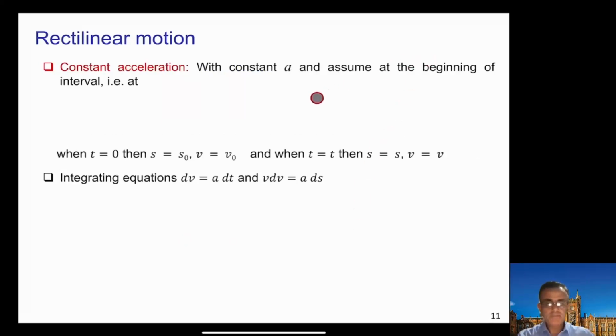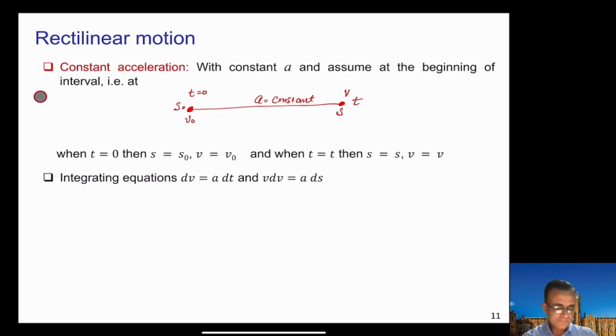Okay, so now if you consider a specific case of rectilinear motion with constant acceleration a, and assume at the beginning of the interval that a particle is initially here and then it's here, where the time is 0, velocity is v naught, and displacement is s naught, and a is constant, and the final velocity is v, the final displacement is s, and the time is t.